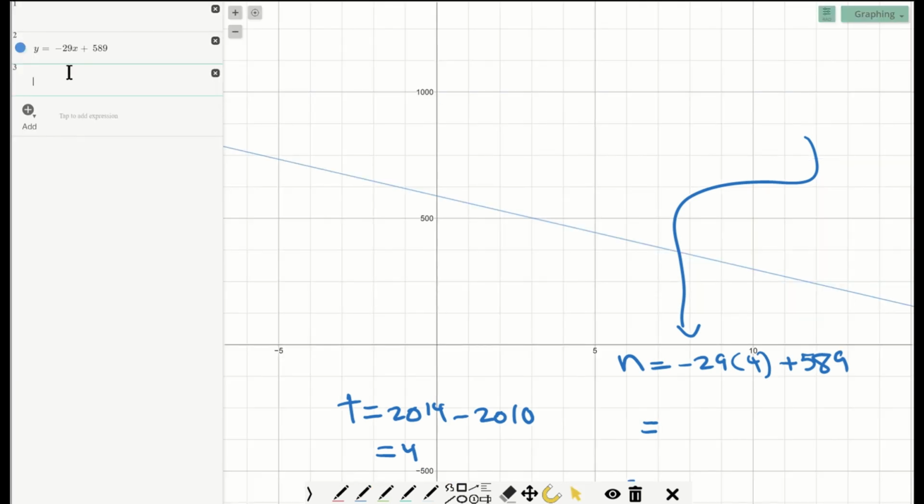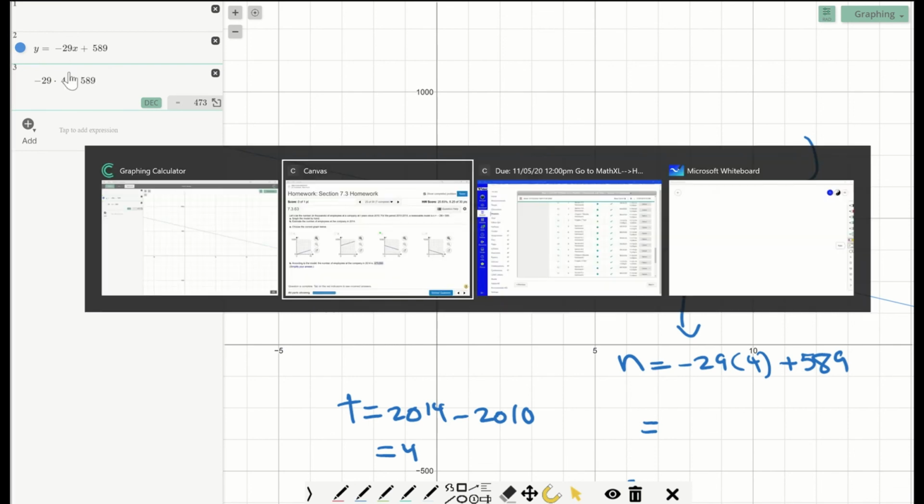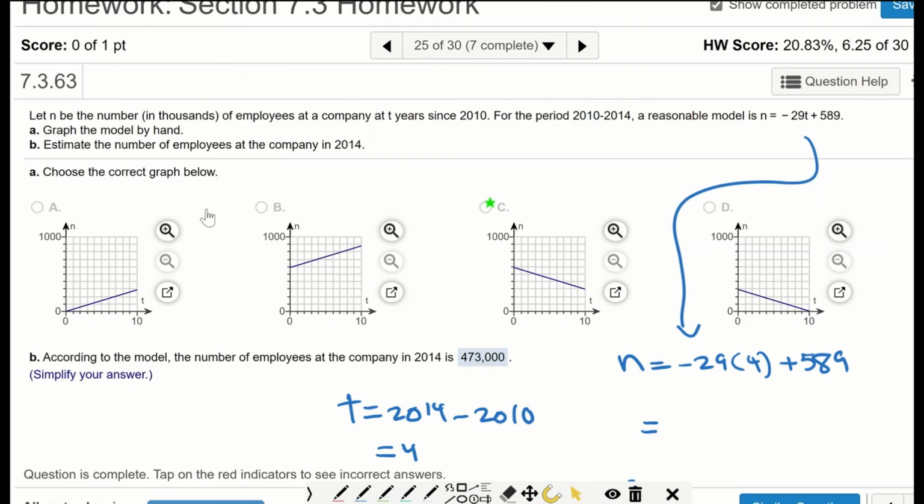Here we go. Now we're just going to do negative 29 times 4 plus 589, and notice we get 473. Be very careful when you type it in here. If you just put 473, you're not going to get the right answer. If they had a box followed by 1000, then you could put 473.